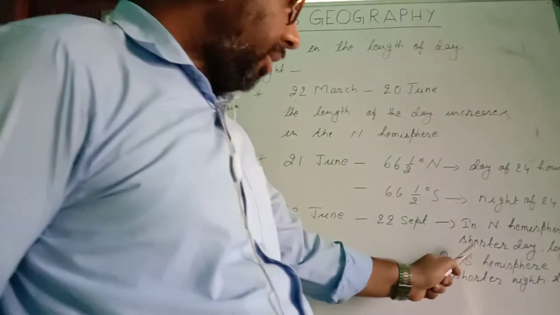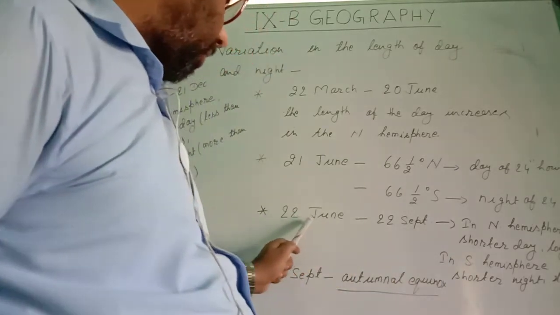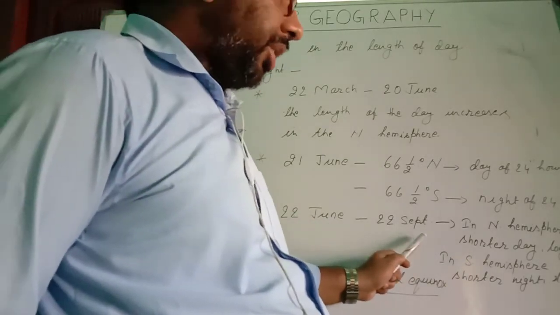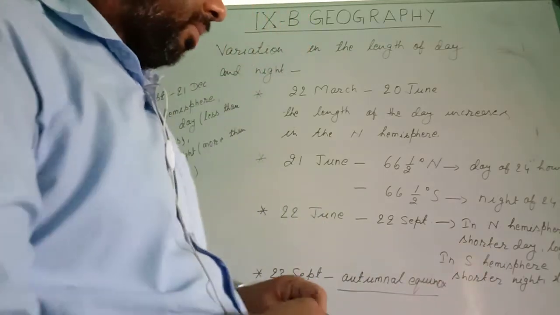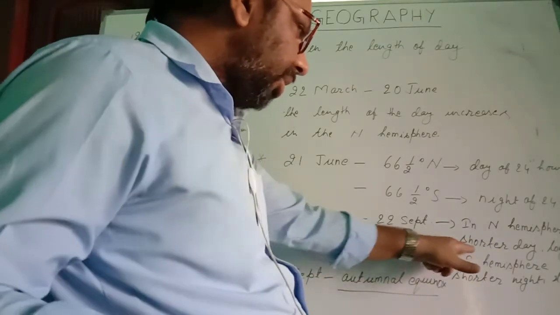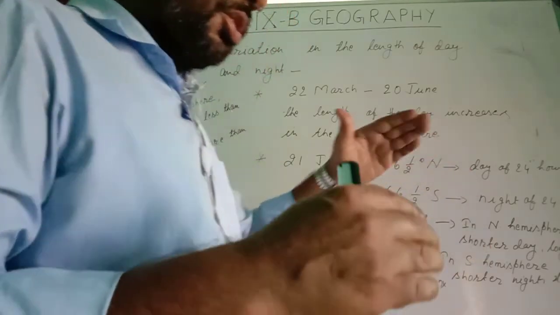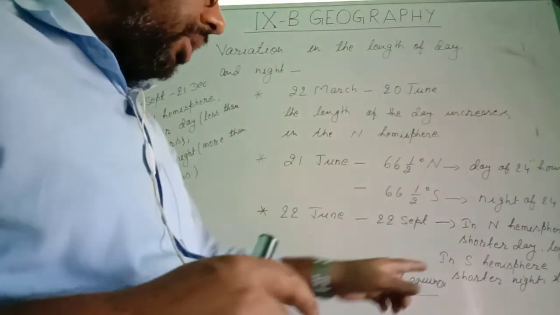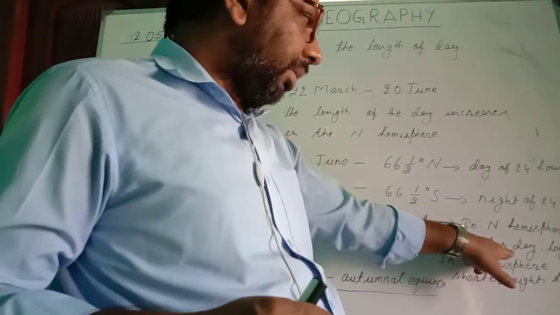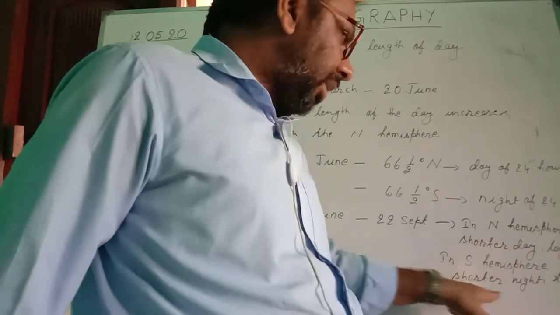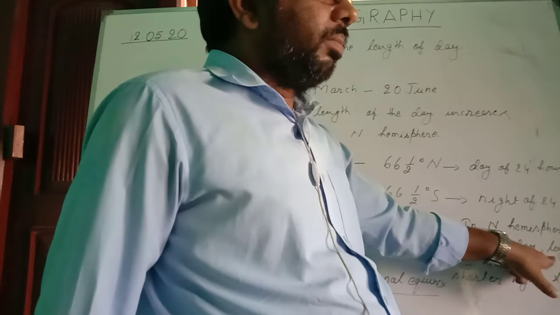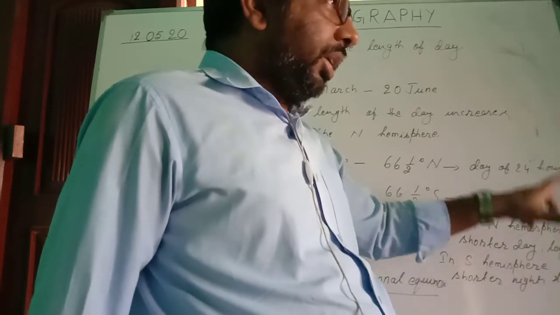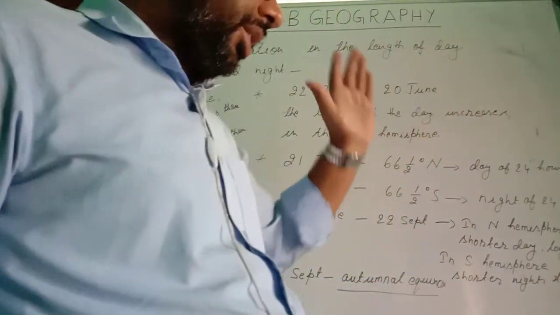Mind it, between 22nd June and 22nd September days are shorter, but still more than 12 hours. It starts being shorter, but still it is more than 12 hours. Nights are longer, but the length of night started decreasing.